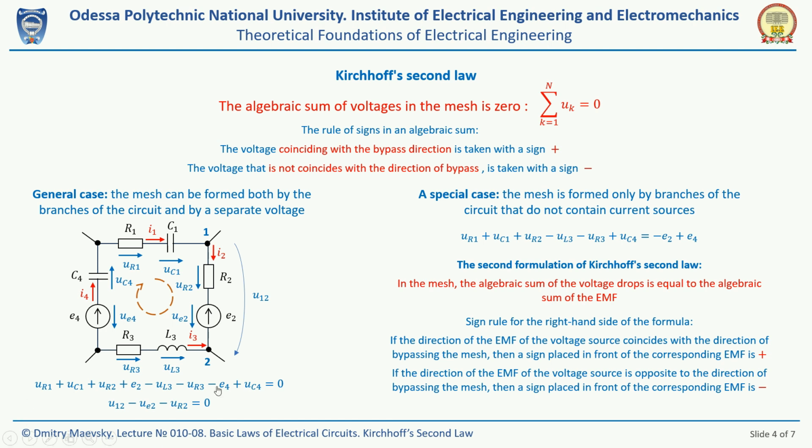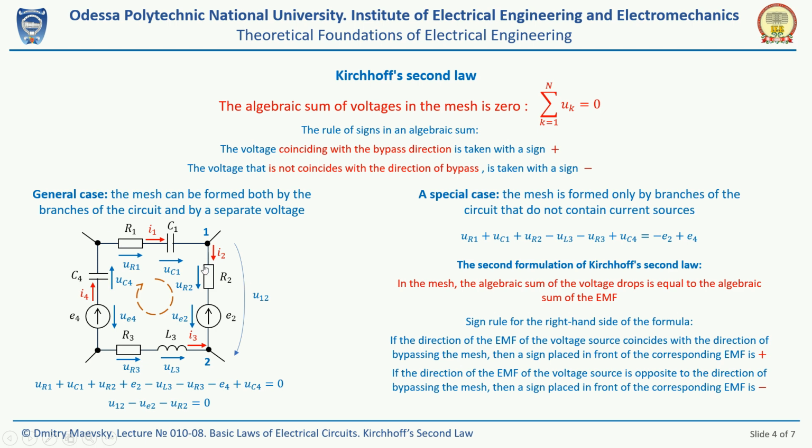So if we know the direction of the electromotive force of this source, we know the direction of the voltage of this element. By the way, the value of this voltage and the value of the electromotive force are equal.